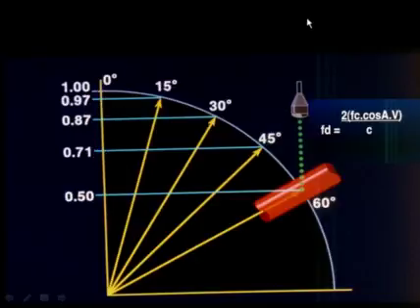Therefore, when we want to obtain the blood velocity, we need to make sure that the angle between the ultrasound beam and the direction of the blood flow is very close to 0 degrees, because if the angle is greater, we will underestimate the velocity because the value, as you can see, will decrease.